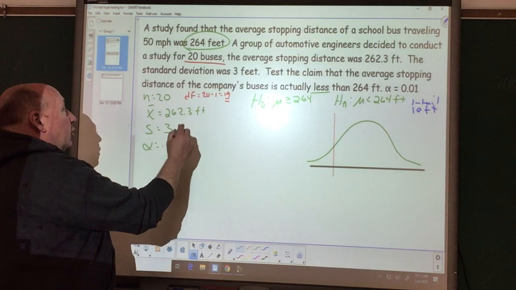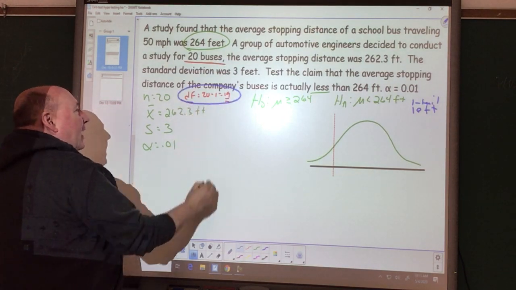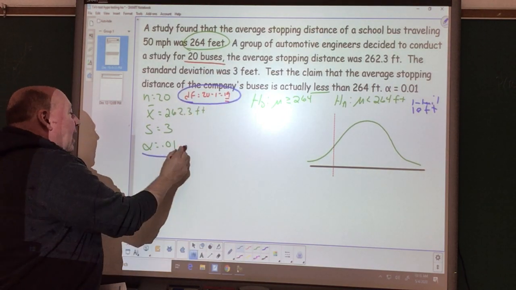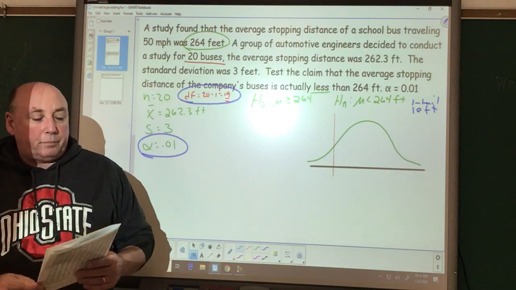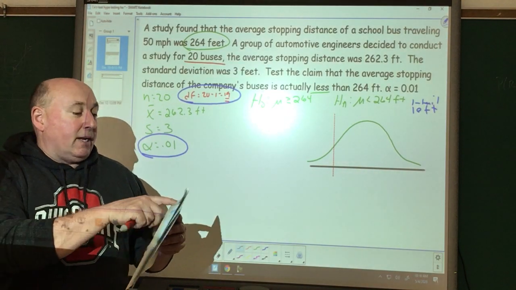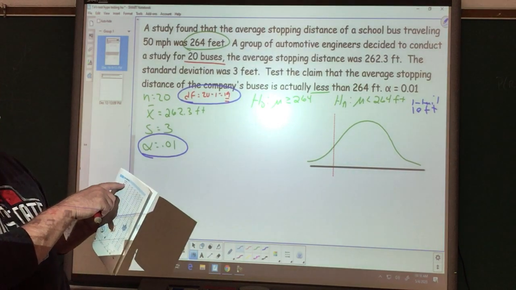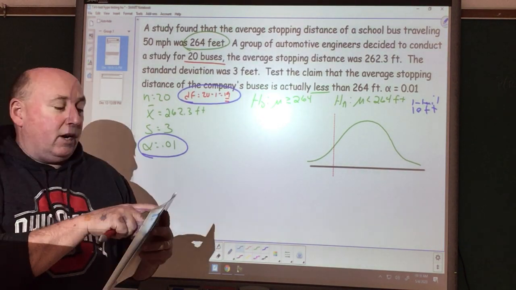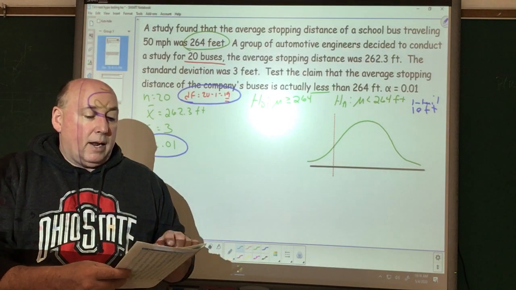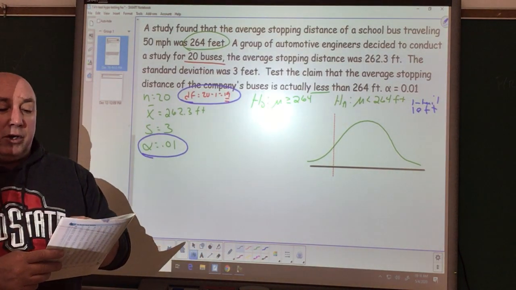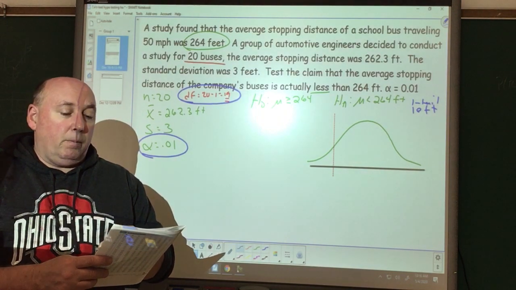So we look at our degrees of freedom of 19, and we have a one-tail alpha value of 0.01. So I'm going to go to my t-table. I'm going to go to one tail, which is the middle row on top, and I have to go to 0.01. Make sure you go to 0.01, not 0.10.